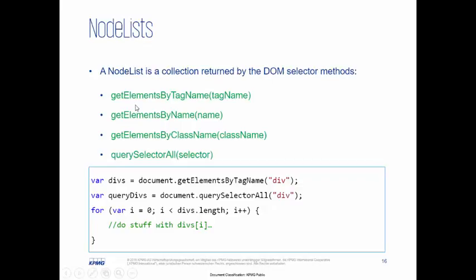Class name, because you can classify anything on the page with the class attribute. And select all, which just gives you a free selector, just like we just saw, so you can select whichever elements. And what you get in return is a node list, which is a collection of nodes, basically a collection of those objects that you can interact with again. And we will see those. Actually, we're going to talk about DOM now, and our next segment is also going to be talking about DOM, and the next is going to be jQuery, which is also very tightly coupled to all this.